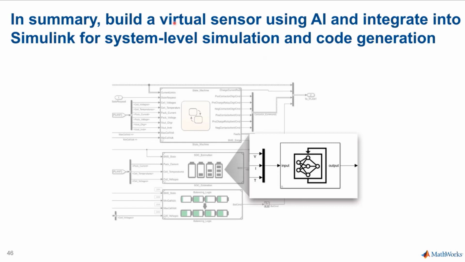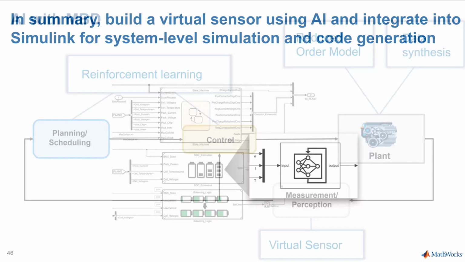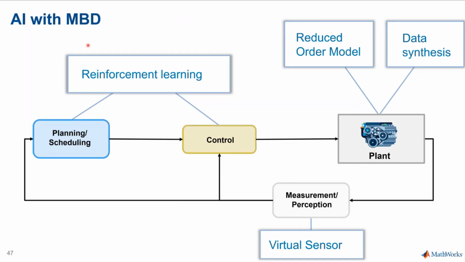So what we've seen is how to build a virtual sensor using AI and how to integrate it into Simulink for system level simulation and code generation. And if we take a step back again on the big picture, we have seen how you can use AI with MBD in the different steps like reduced order modeling, reinforcement learning, data synthesis, and the virtual sensor, which we had a look at in more detail.